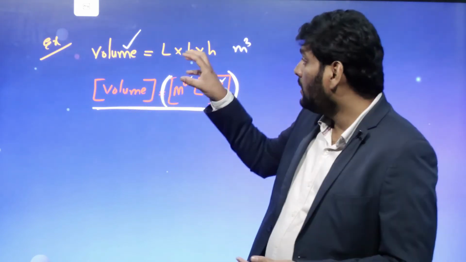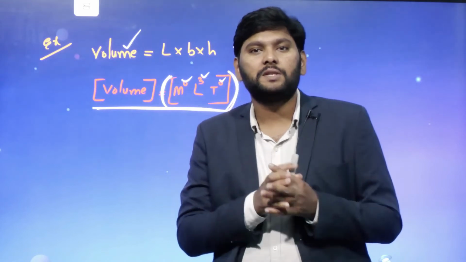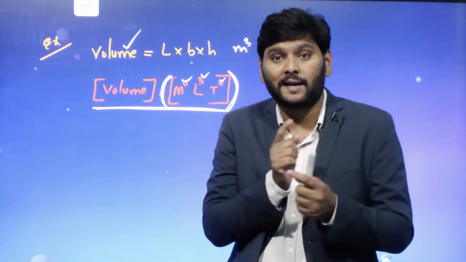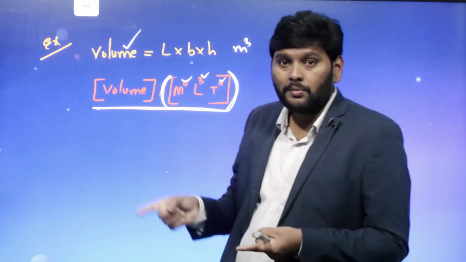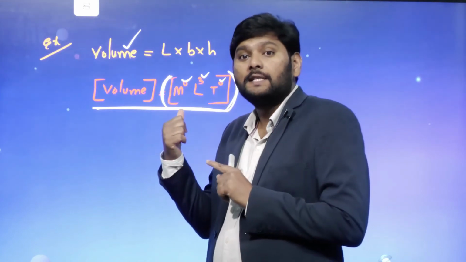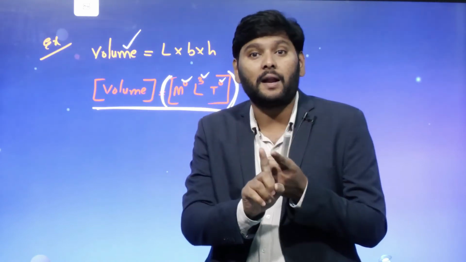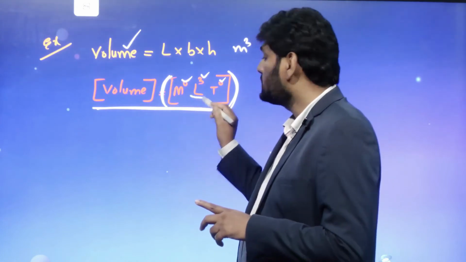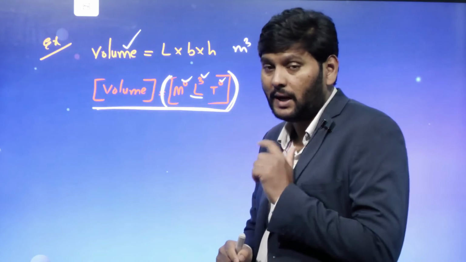Because the volume is a physical quantity. What kind of parameter is involved? Length into breadth into height, that kind of parameter, all related to length. So length contribution is present in the volume. I think you got what I am telling.